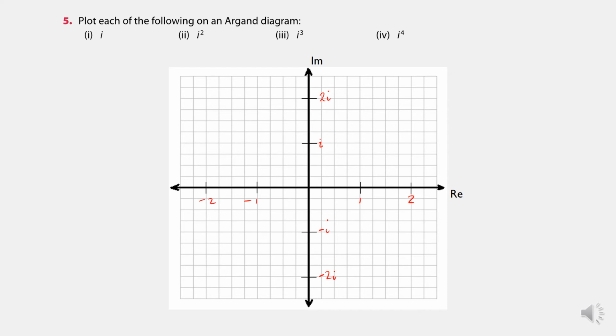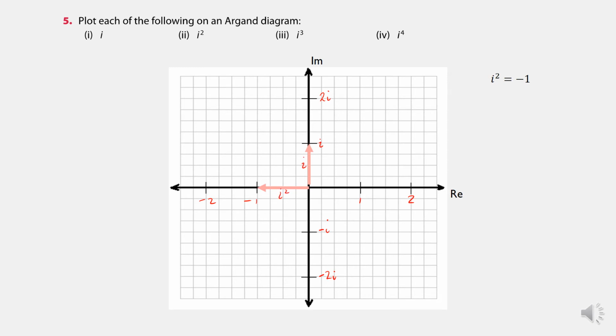Let's see what happens. Plotting i is just straight up there, 1 unit straight up. Multiply i by i, and you get i squared. And of course, i squared is equal to minus 1. So i squared is here.